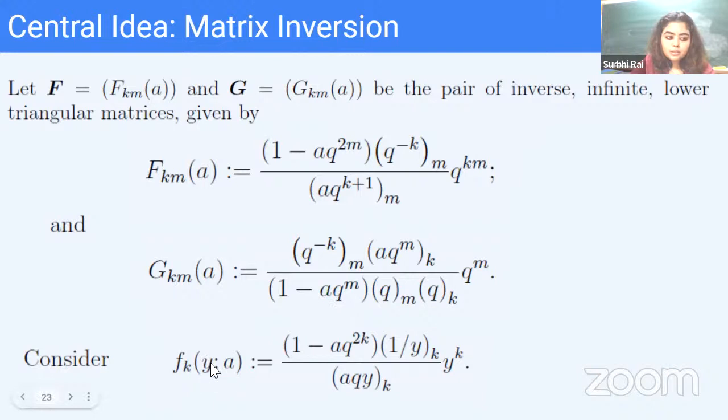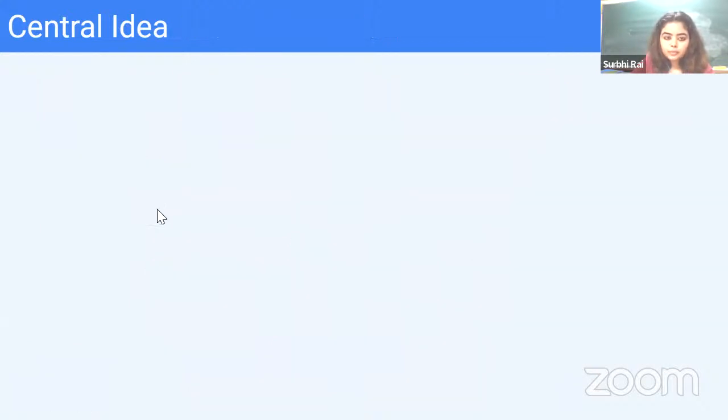Then we consider the function f_k of variable y and parameter a. The motivation for selecting this function is that when we replace y with q raised to m, it gives us the matrix entry f_{mk} of the matrix F.